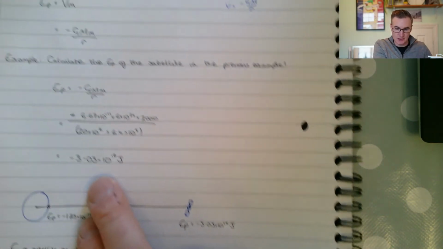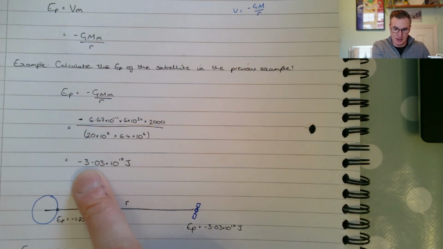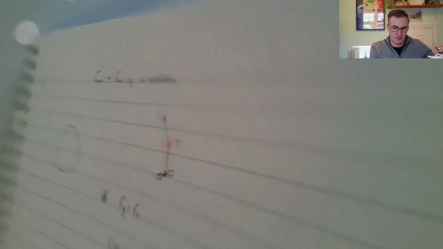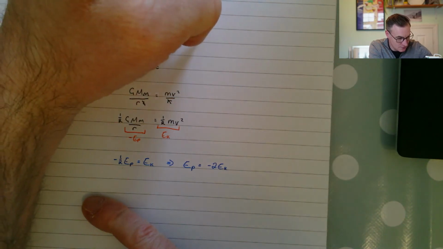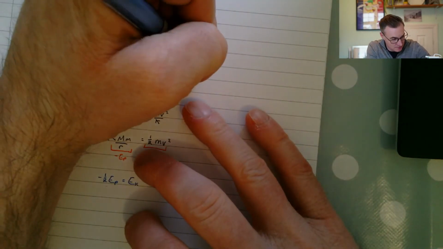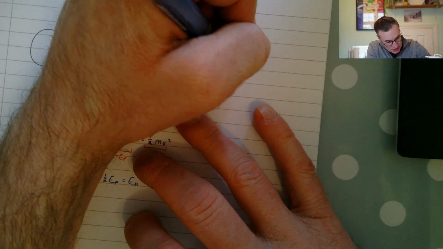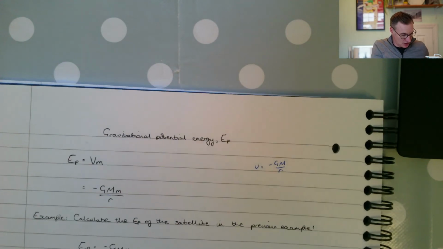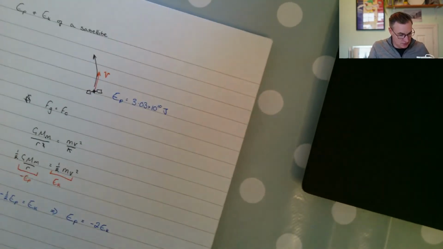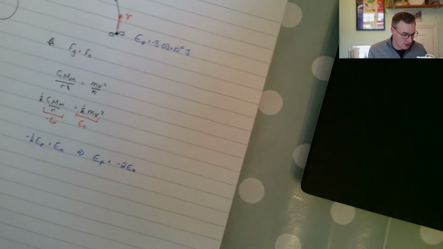let's see where we had calculated here. We calculated the EP of the satellite as being minus 3.03 times 10 to the power of 10 joules. Let me just double check that. Yep, so we got minus 3.03 times 10 to the power of 10.